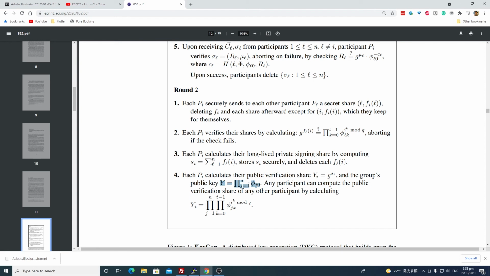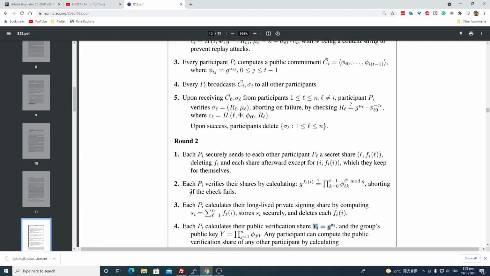So the address where people can send money to the group, and then the private signing shares of each participant will be used to produce the signature. So at this point, I don't know why we need these other values, but probably later. All right, so that is not too bad, right?